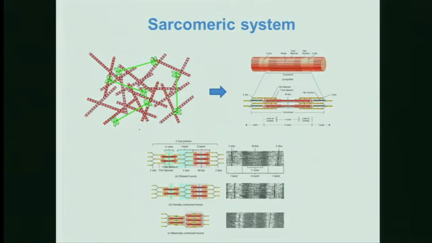So this system has many features of the more general system. For instance, it has passive cross-linkers. You see here the contraction process shown. We see different types of passive cross-linkers that ensure the crystal structure.